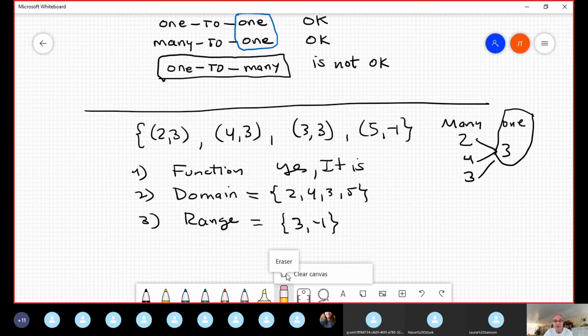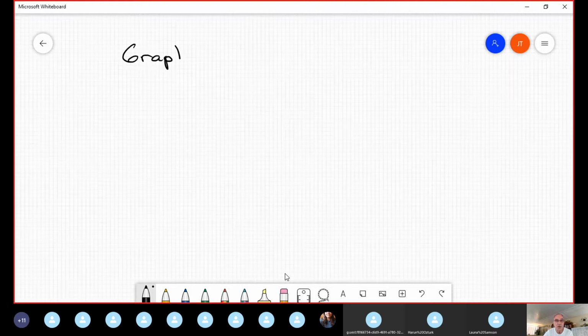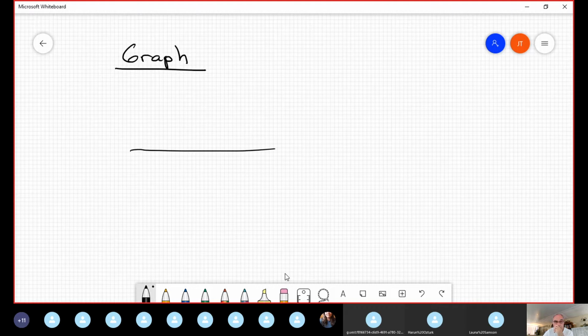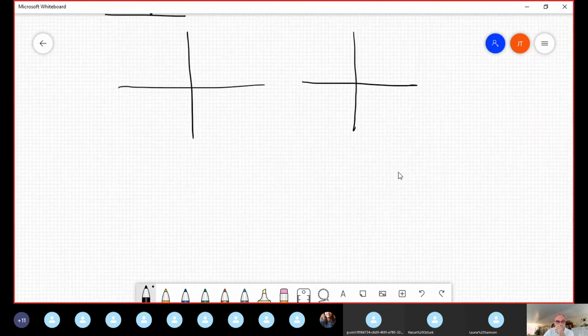Suppose I have the graph of the function. I need to identify whether this graph corresponds with a function or not. Let me try to do 4 examples, and you let me know.